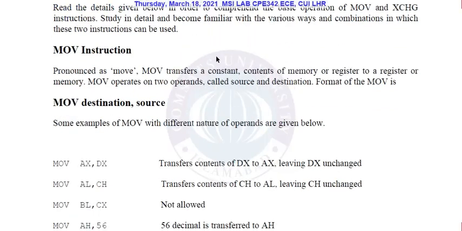Basically, the MOV instruction is the short form of move word. Move word is used to transfer data from one location to another. So the move instruction will have two operands. One is the source and the second one is the destination.